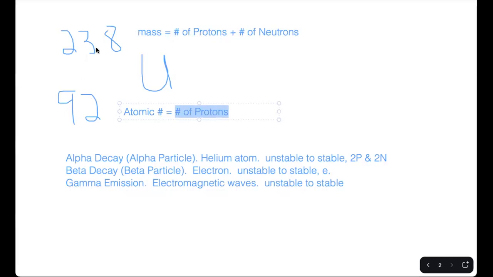If we take 238 minus 100, I have 138, and I add 8 more, so 138 plus 8 is 146. That's not totally necessary right now, but we need to know the number of protons. So the protons is equal to 92, and the neutrons is equal to 146, if I'm doing my math correctly.